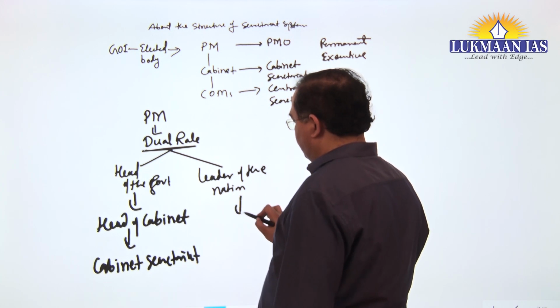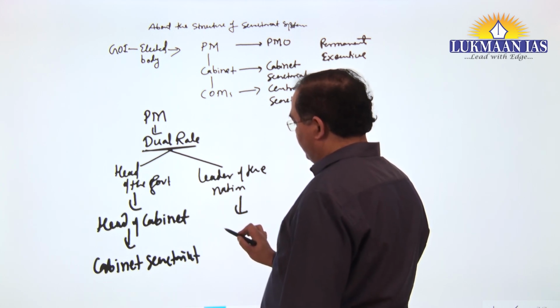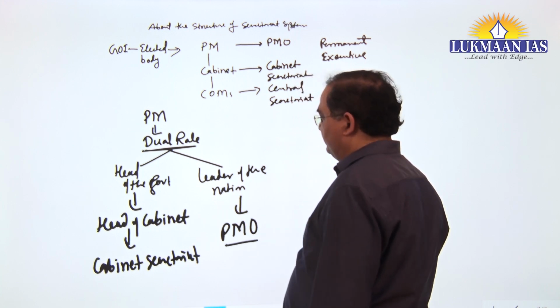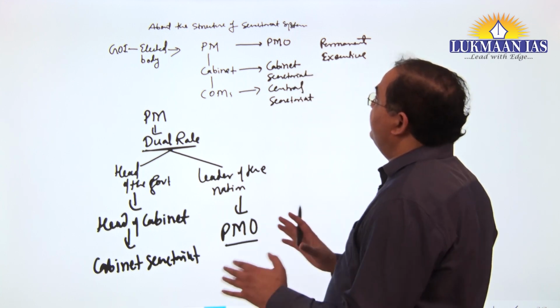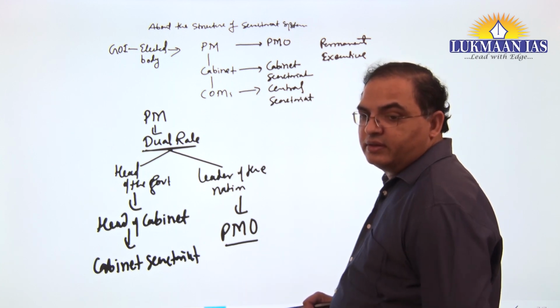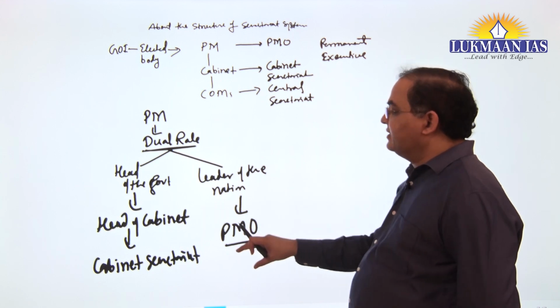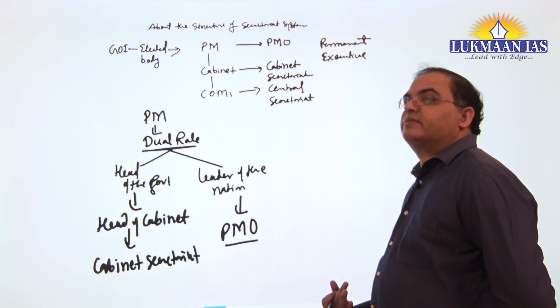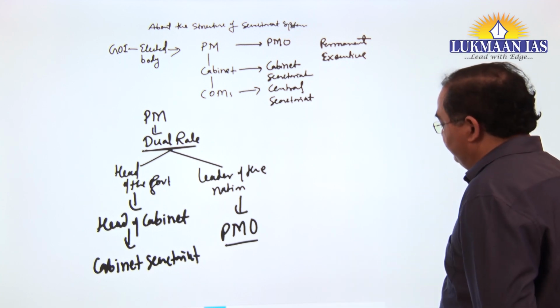And here he gets assistance from the PMO. This is the difference between the PMO and the Cabinet Secretariat. That's why there is no hierarchical relationship where the PMO is superior, followed by the Cabinet Secretariat. It is not like that.